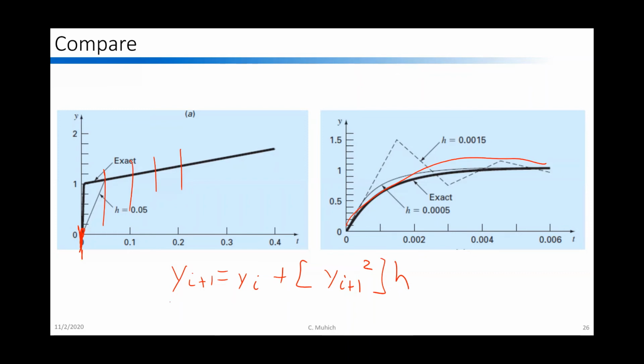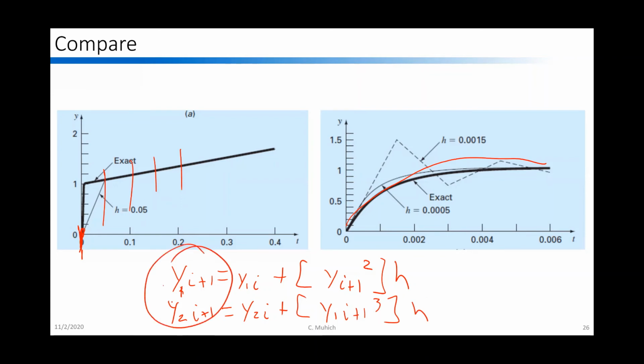Same thing if I had y1, y2, y_{i+1}, so I'm trying to do this simultaneously. We can go back to our numerical methods for solving simultaneous nonlinear equations that we could implement for finding each of these y_{i+1}s.